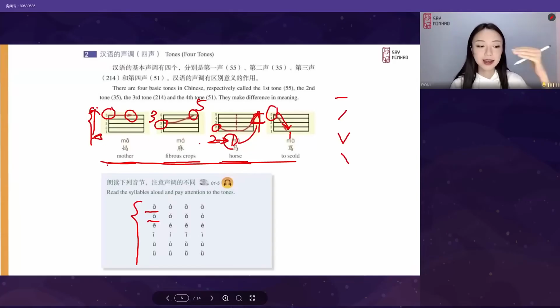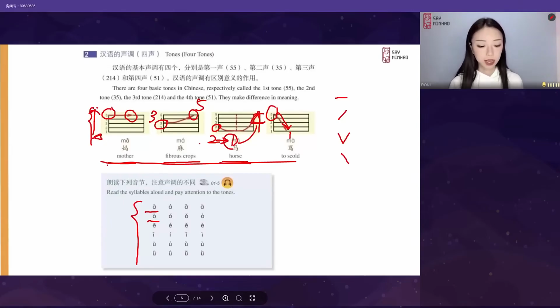First tone. Second tone is rising up. And third tone. Drop first and then rise up. And then the last one is fourth tone. Drop rapidly.